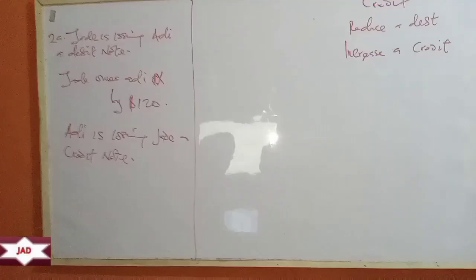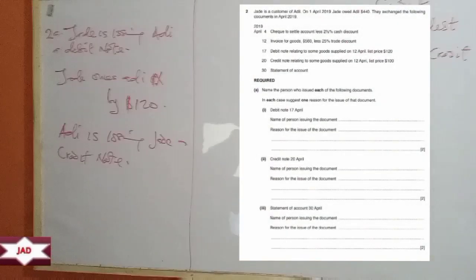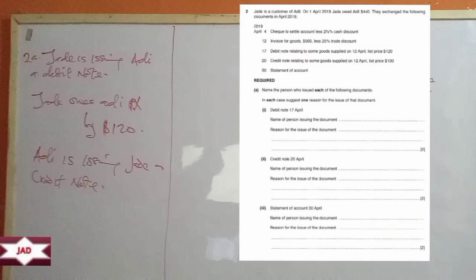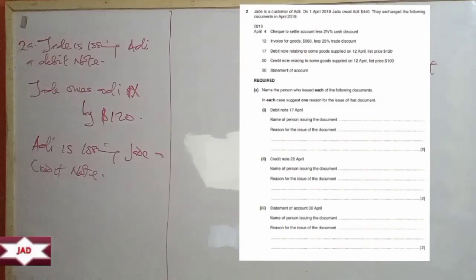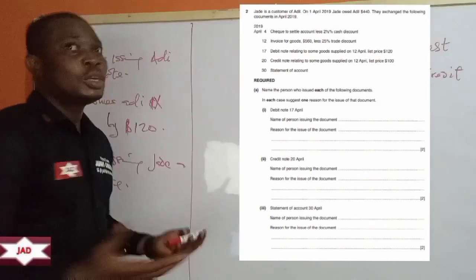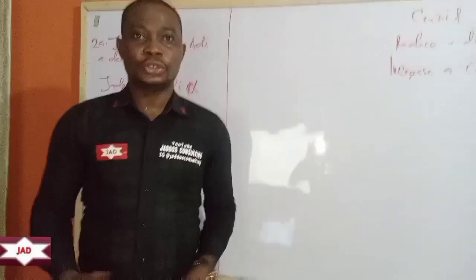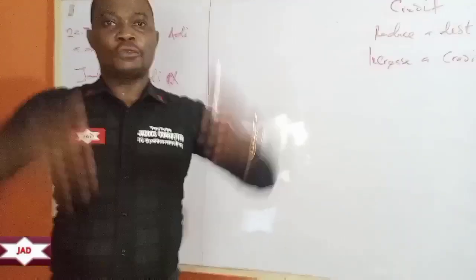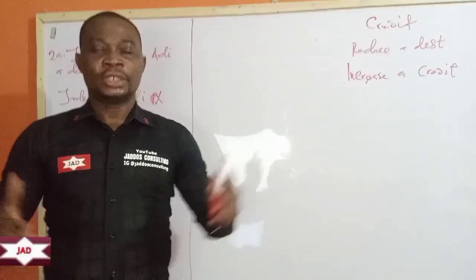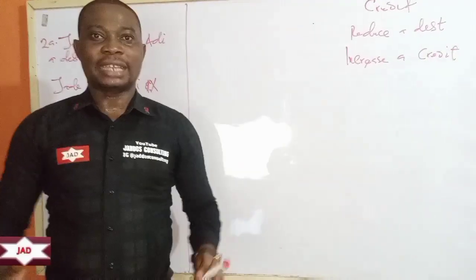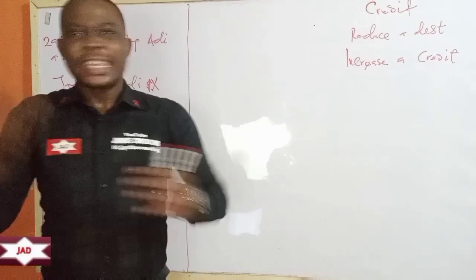So the next question there: statement of account. Name the person issuing the statement of account. What's the statement of account? A statement of account is simply an expression of how an individual has operated its account with you for a particular period. So it can go both ways.